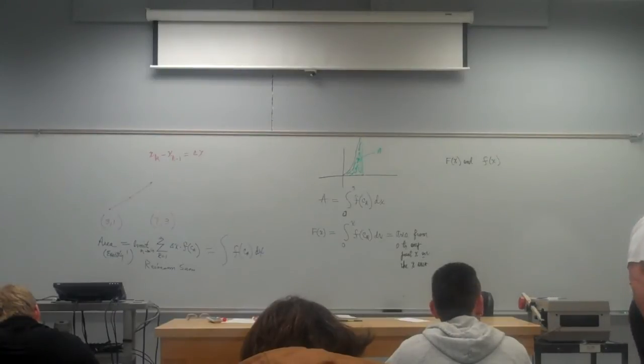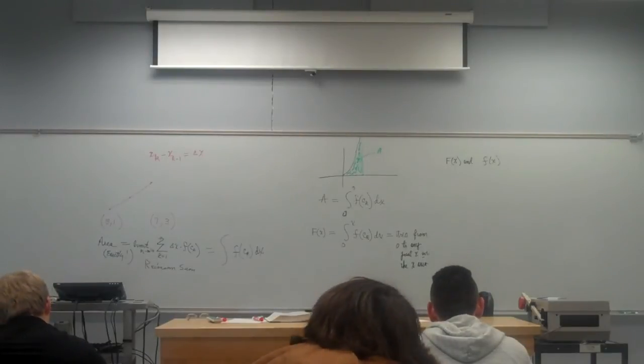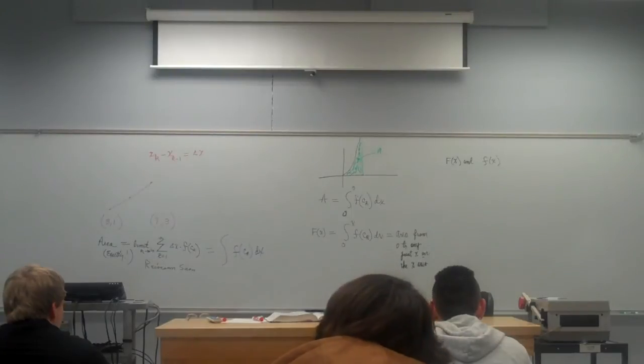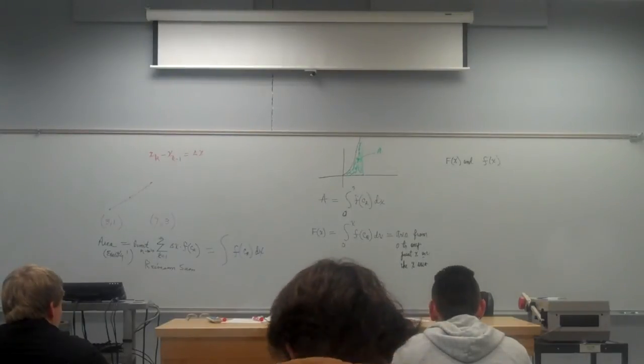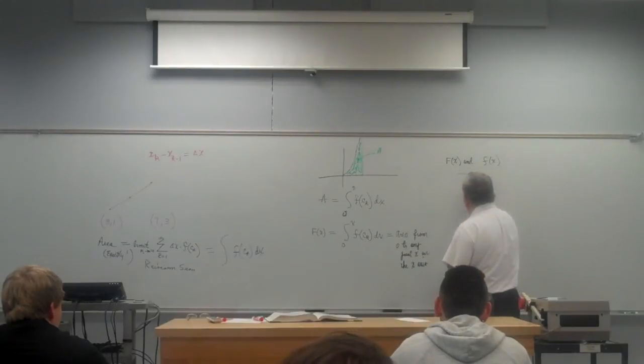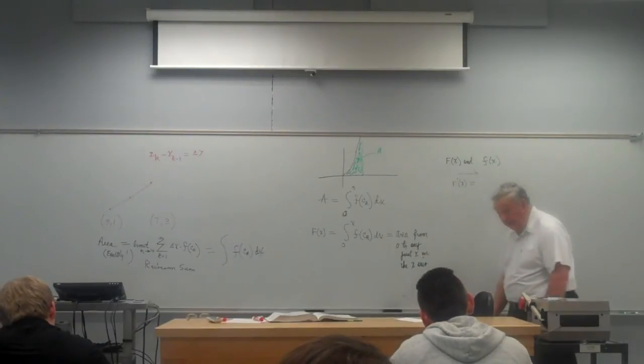You learned it in Cal 1. What is it? Derivative. Derivative. Very good. Or antiderivative. And that is, if we're going in this direction, the relationship is f prime of x is equal to what?